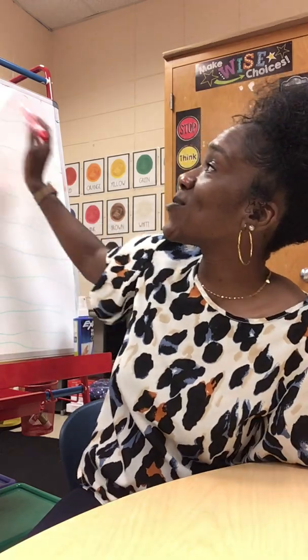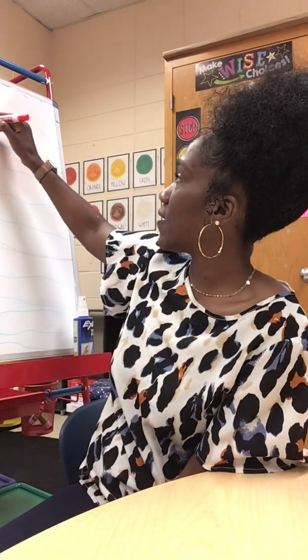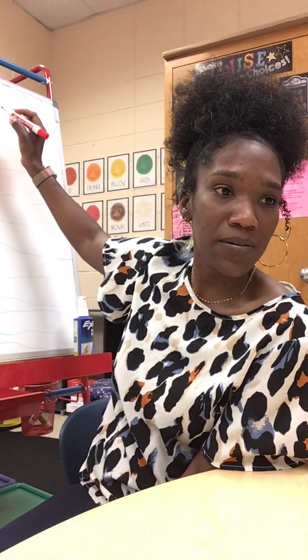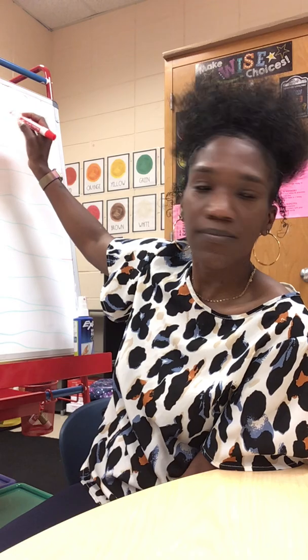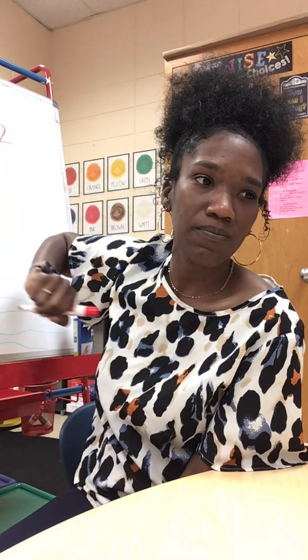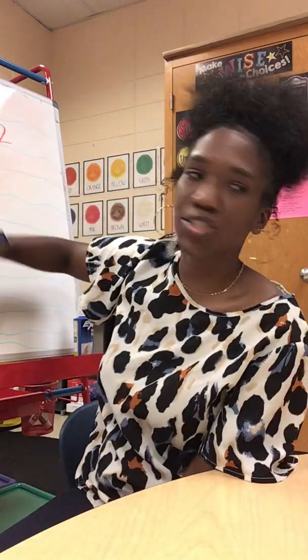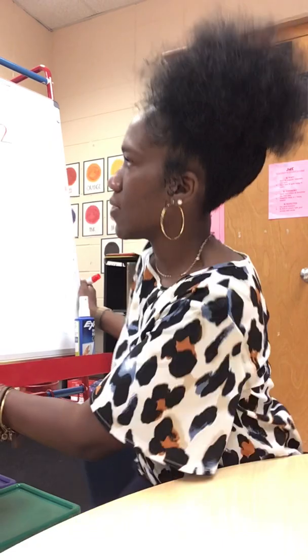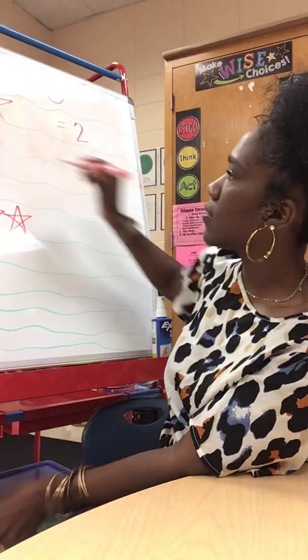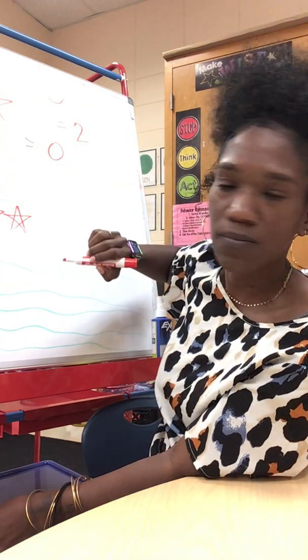So then we can use this graph to chart the number of birthdays. So how many do we have in February? 2. How many did we have in January? 0. What about March? No. I know it's kind of hard to see. None in March. What about April?